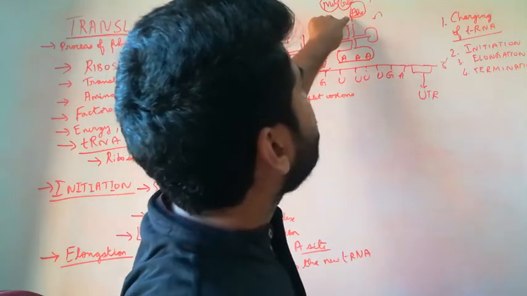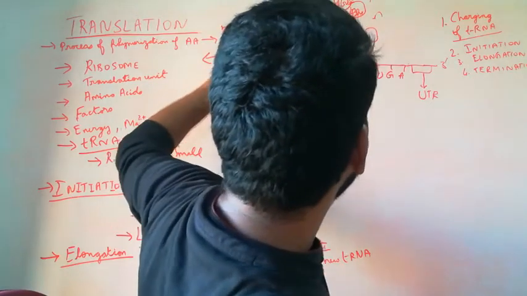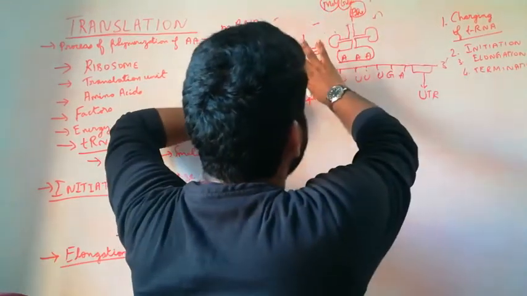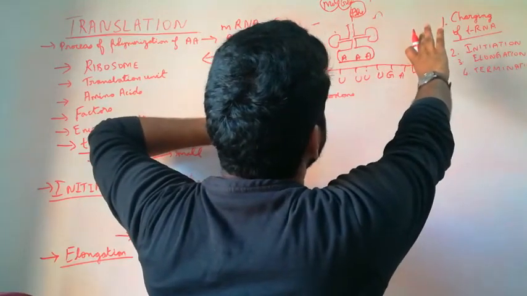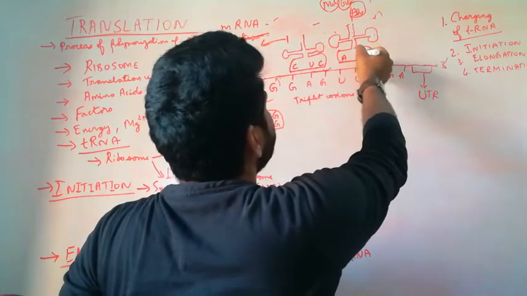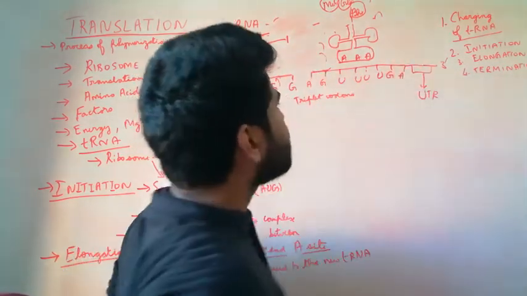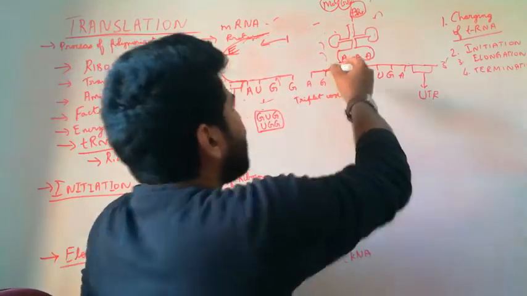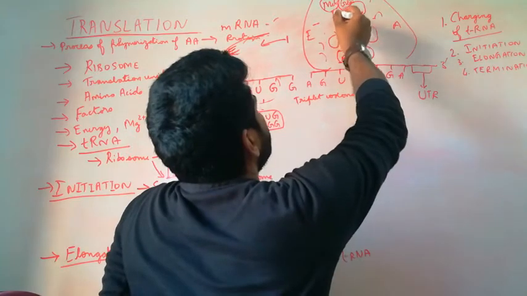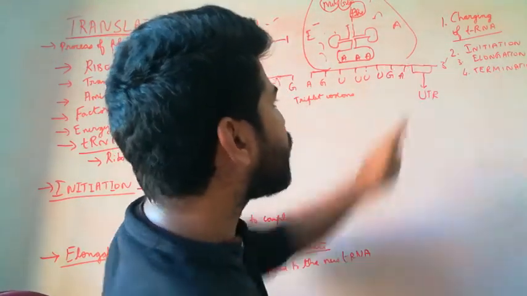So now you have a protein made up of 3 amino acids, and once again the ribosome unit moves forward. When it moves forward, this will exit and this will be in the P site and the A site is free. Like this, the ribosome keeps on moving forward until it encounters a stop codon.